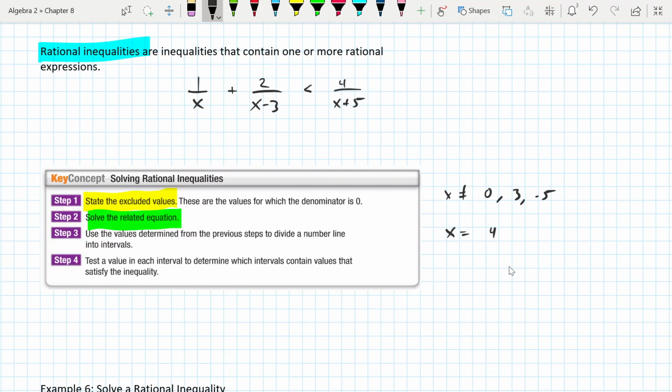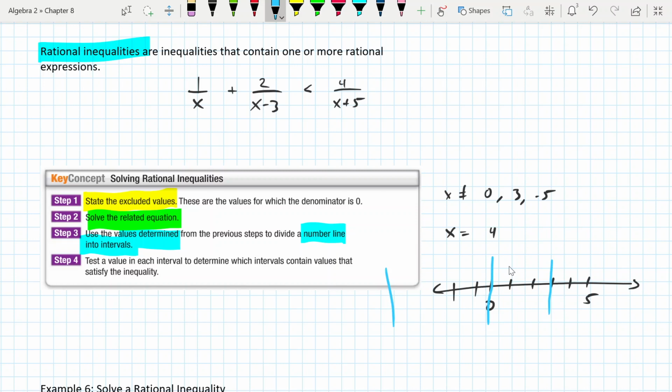Once we do that, we're going to use all of those values to turn the number line into intervals. What we mean by that is we're going to take a number line, 0, 1, 2, 3, 4, 5, and chop it up into pieces. 0, 3, negative 5 is way over here, and positive 4.